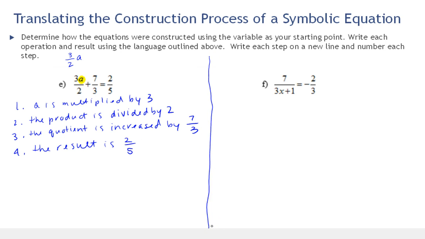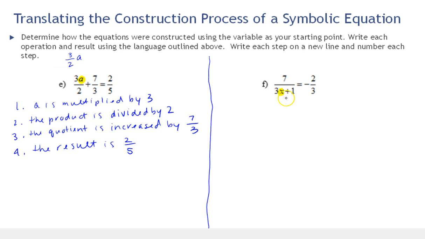Okay. And now our final problem, this is where we'll need that reciprocal idea. We're starting with x. X is down here, so it's down in the denominator, but we're just going to think again of how, if we put in a value, what we would do to that number in a step-by-step process.